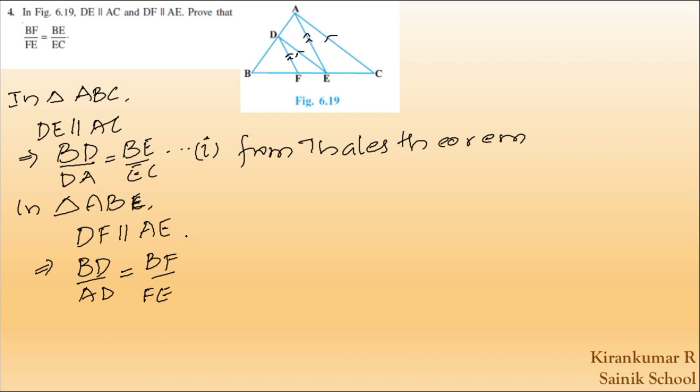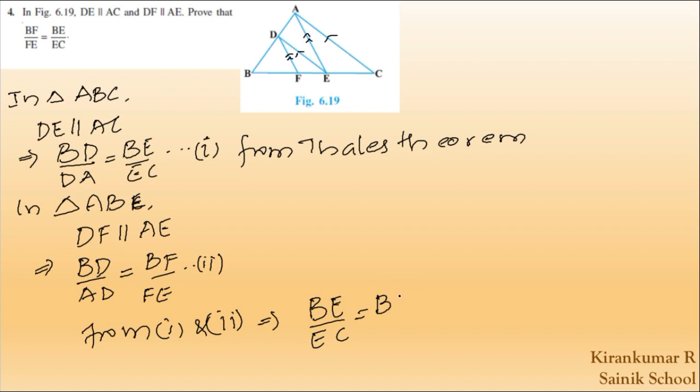So from 1 and 2, we get BE upon EC equal to BF upon FE.